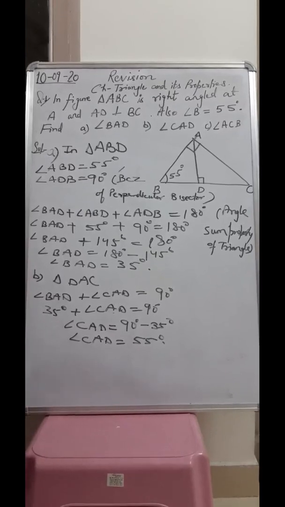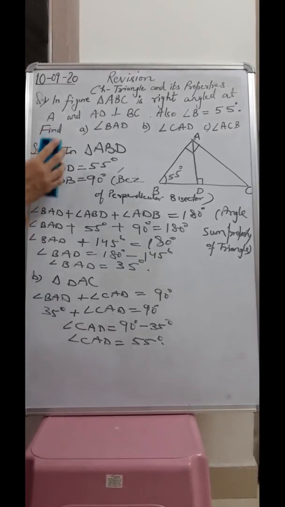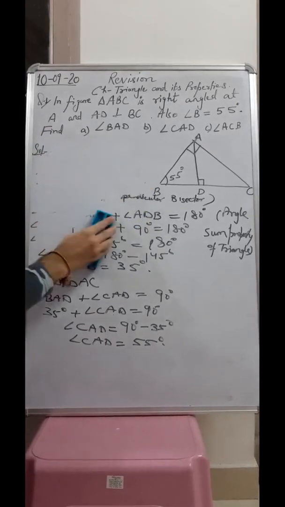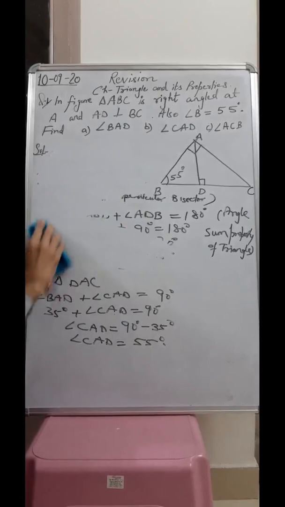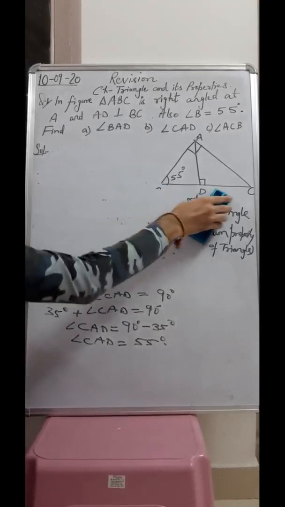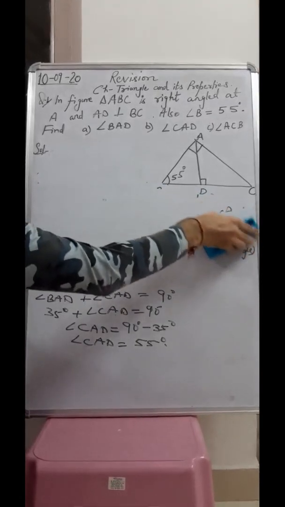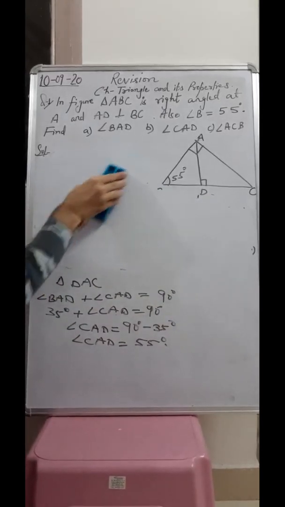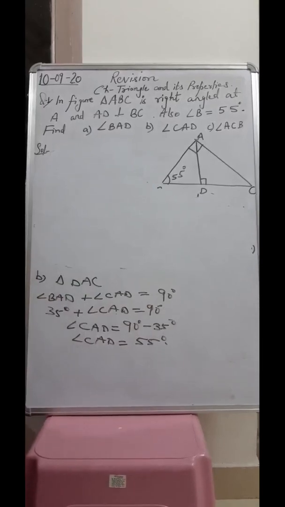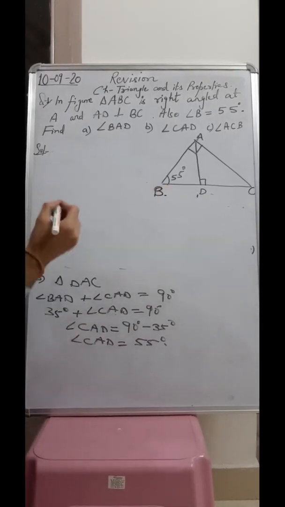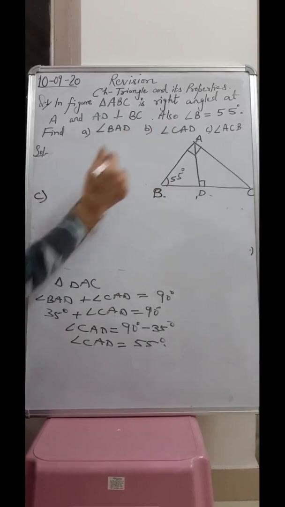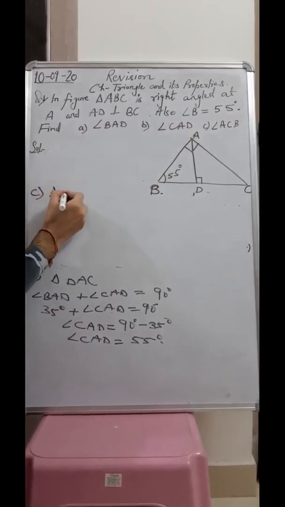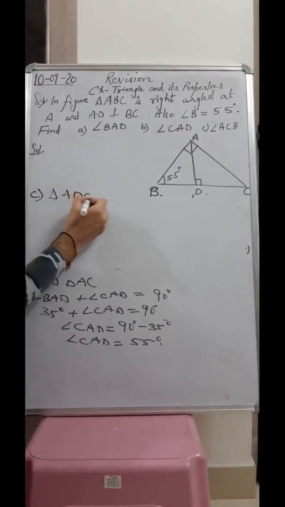Now to find out the third, this was B. So now we have to find out C. So to find out angle ACB, we are going to take triangle ADC.